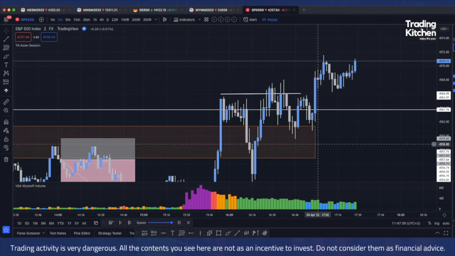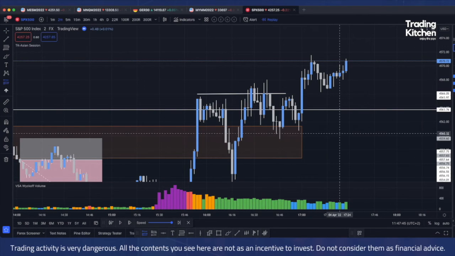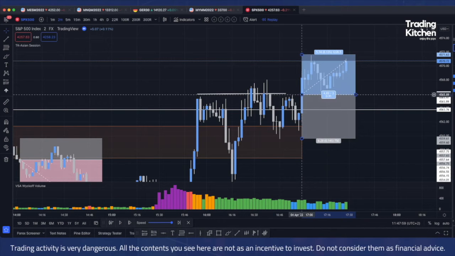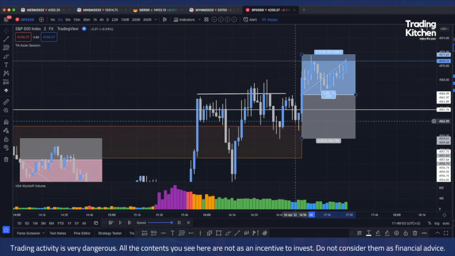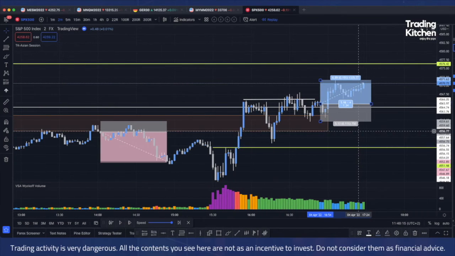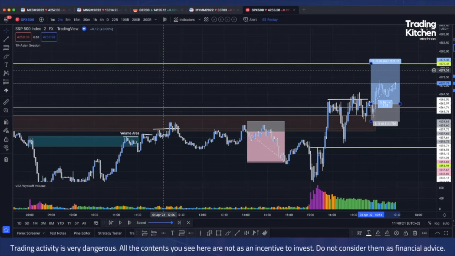So the first one will be this one, this one, and this one as well. So maybe this could be the first entry, and the target will be this one, because this is probably a liquidity level.